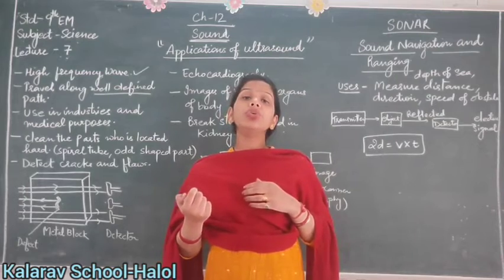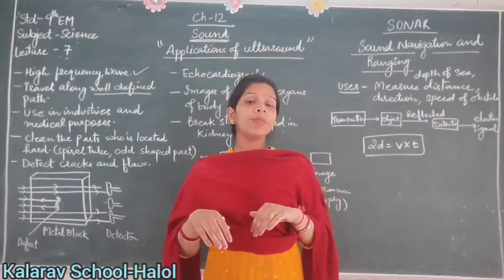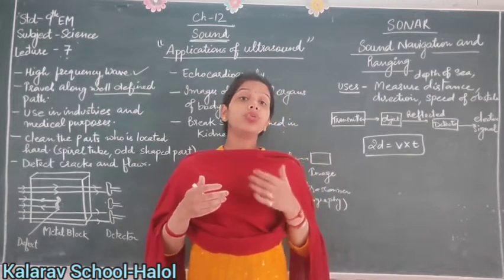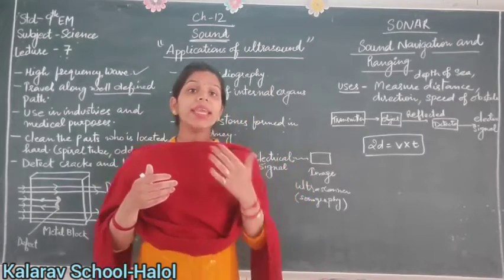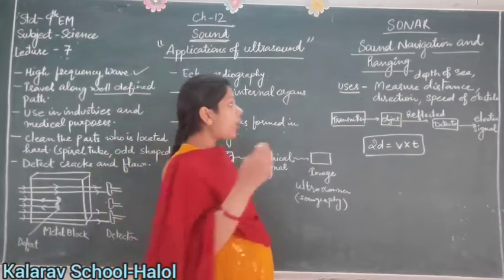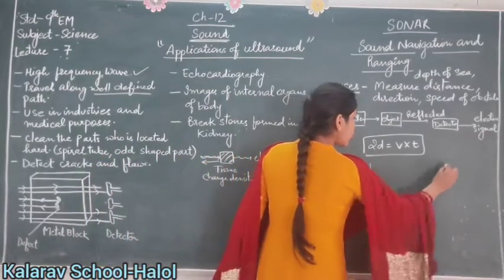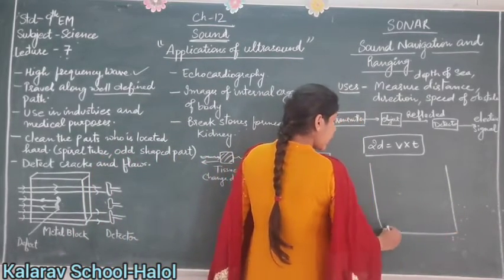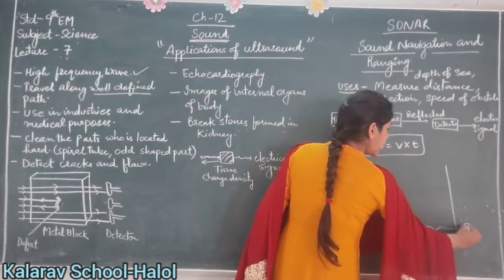It is also used to find the depth of the sea. It is also used to find any valleys, hills or icebergs on the seabed. So how does it work? See the figure. As you see, it is a seabed.